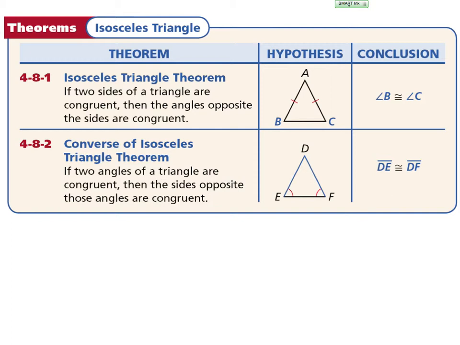The converse is in the complete reverse order, and it's also a true statement, so that's why now we have a converse of this. If two angles of a triangle are congruent, then the sides opposite those angles are congruent. As you're doing your hypothesis and conclusion, what's the difference? What's the hypothesis of the first one?